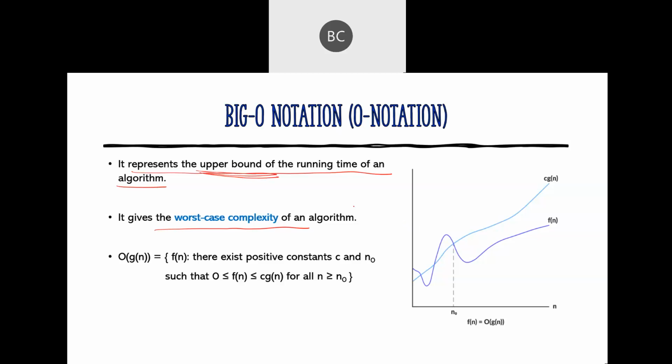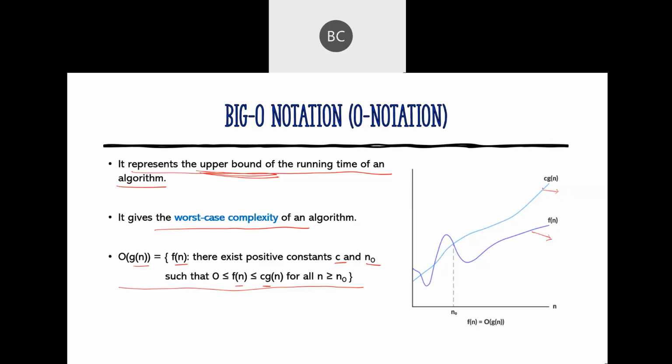It means your function should not cross that upper bound. This is the main formula for big O notation: O(g(n)) = { f(n) : there exist positive constants c and n naught such that 0 <= f(n) <= c*g(n) for all n >= n naught }. Suppose this is the curve for your program, and this is the upper boundary.